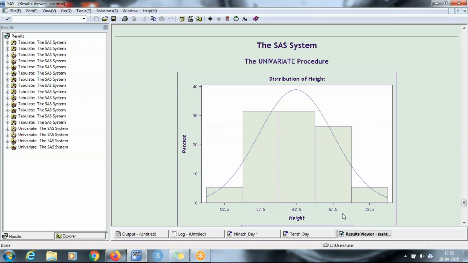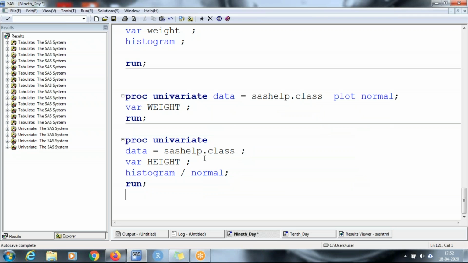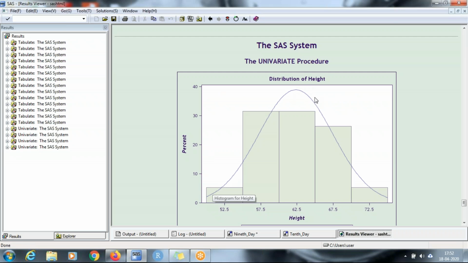By changing the option to histogram slash normal, it is showing a line for the normal distribution.